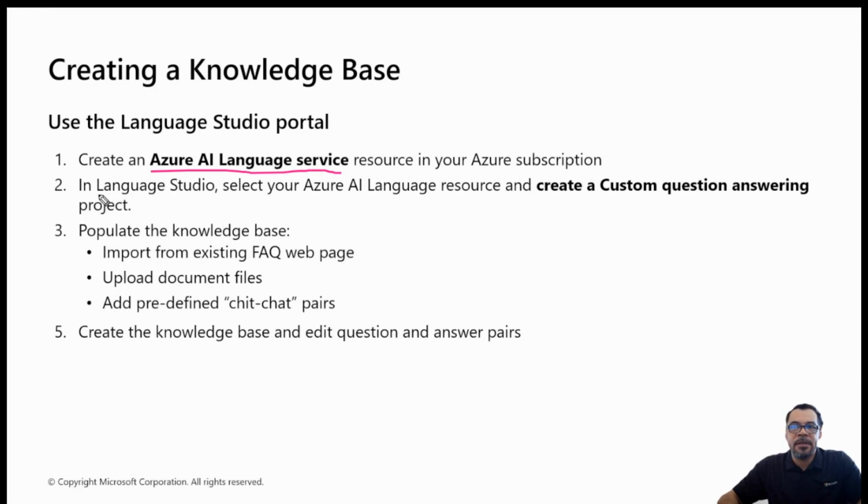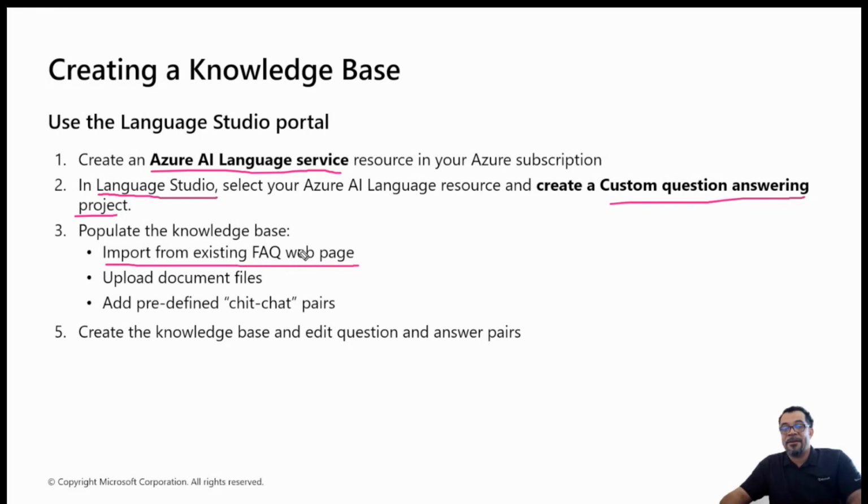Once you've done that, you're going to go to the Language Studio portal. And from there, you're going to create a custom question and answering project. And in that project, what are you going to do? Well, as I mentioned before, for Q&A, it's got to be able to go back and find the answer to a question that someone may have. So there needs to be some type of knowledge base.